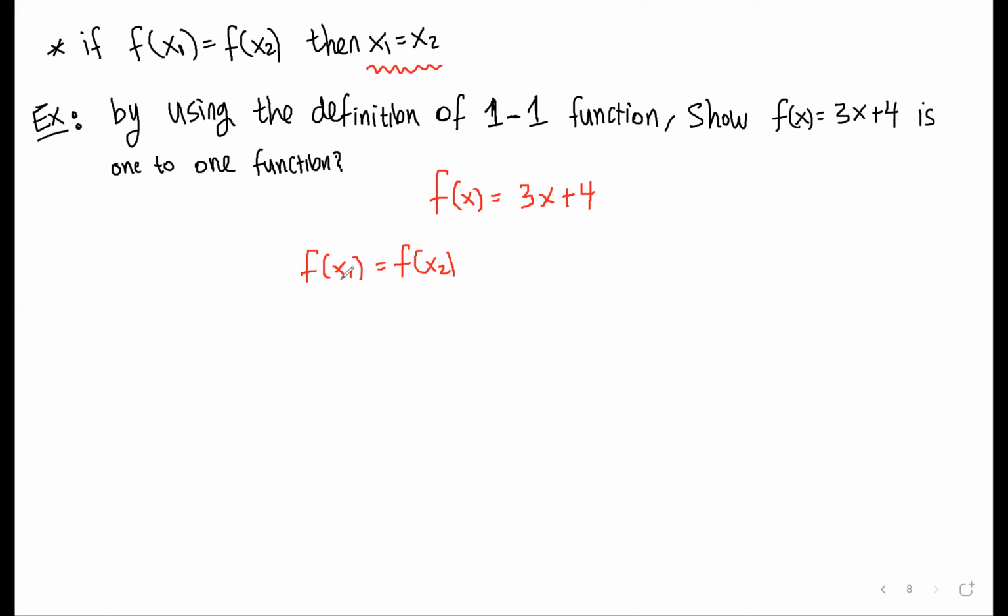So f of x1, when you plug x1 inside the function, I get 3 times x1 plus 4. This is equal to f of x2; plug x2 inside this function, I get 3 times x2 plus 4. Okay.